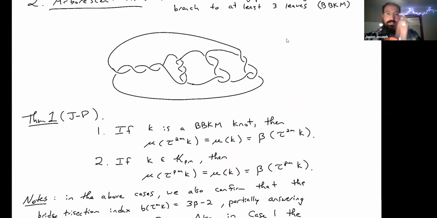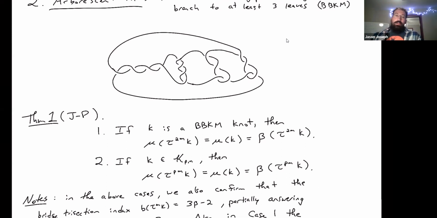If K is any BBKM knot, and you do any even twist spin of K, then its meridional rank does not change, and neither does its bridge number from the classical knot. So they're all the same number for the classical knot and the twist spun knot.